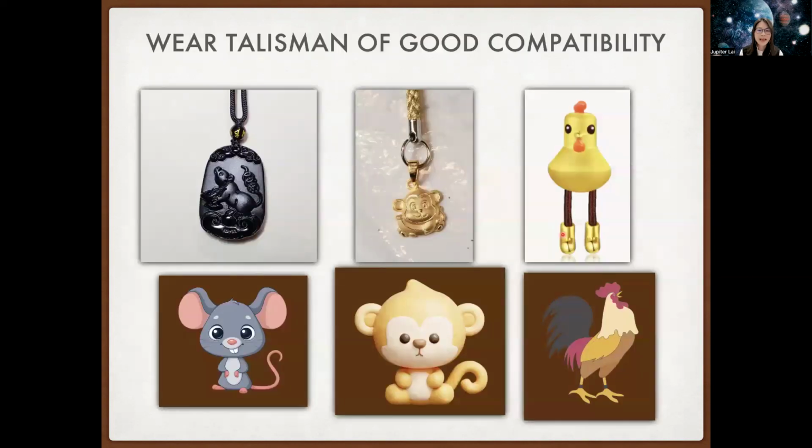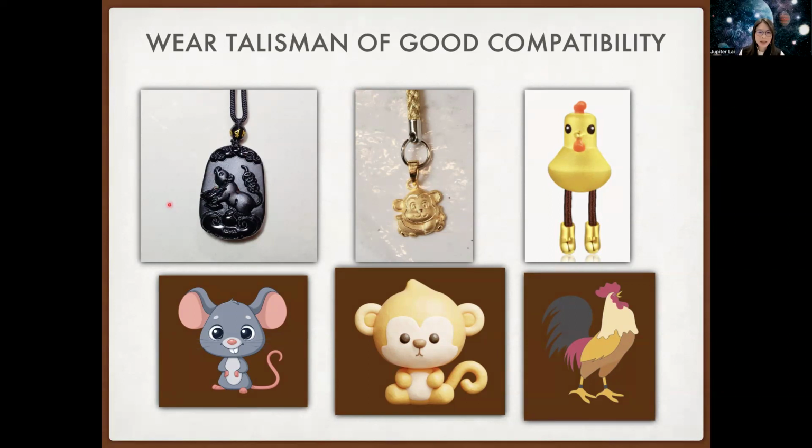Another way, which is the point I want to bring out in this talk, is how to make a better relation with the commander if you are offending him. If you were born in the year of the dragon and you're offending the commander this year, then you can wear a talisman of good compatibility.